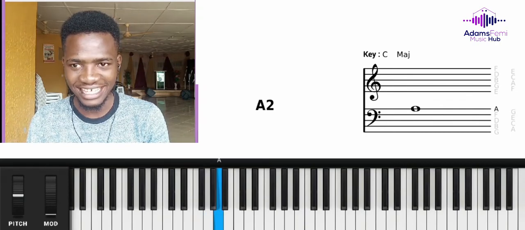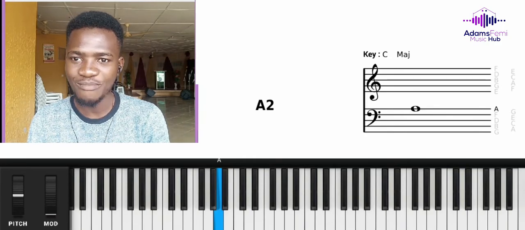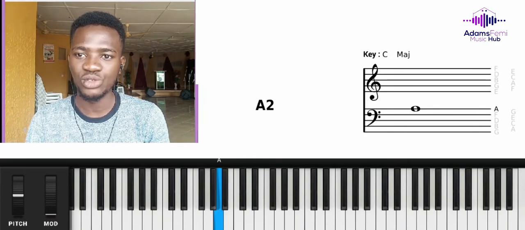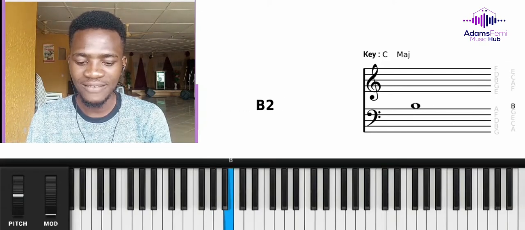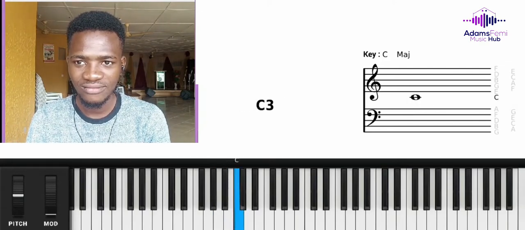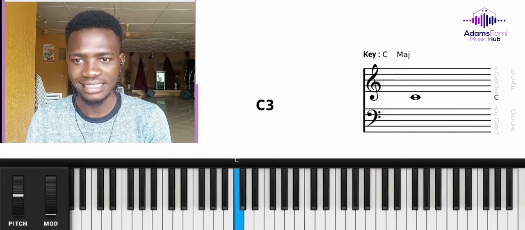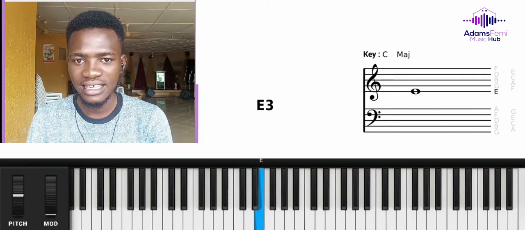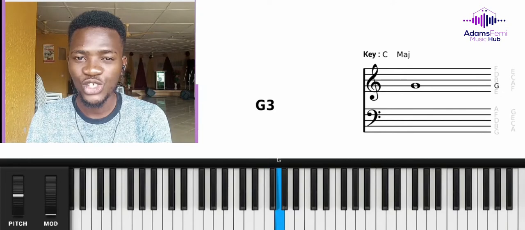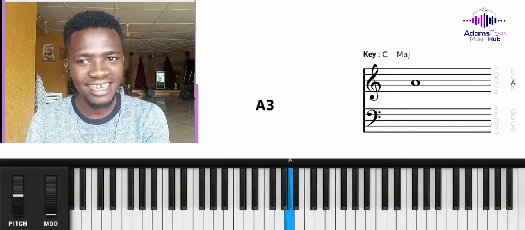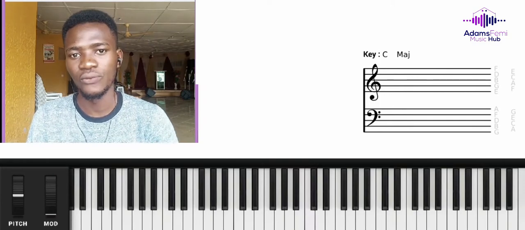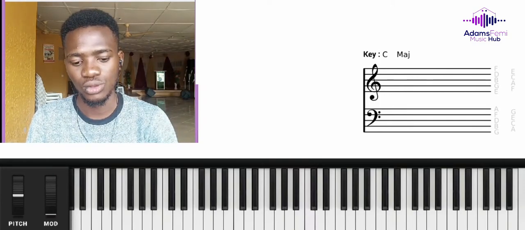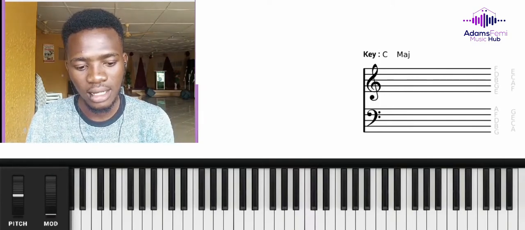Now A, B, then we have C. Going further, D, E, F, G, and A, B, C. Once you get to G, you go further to A, so you start the cycle again.